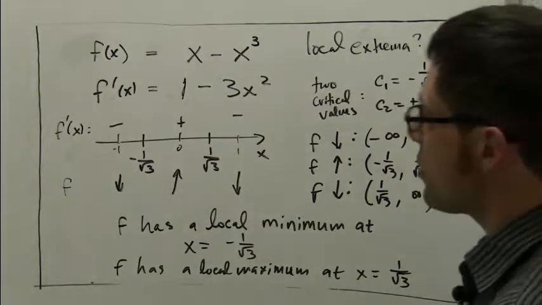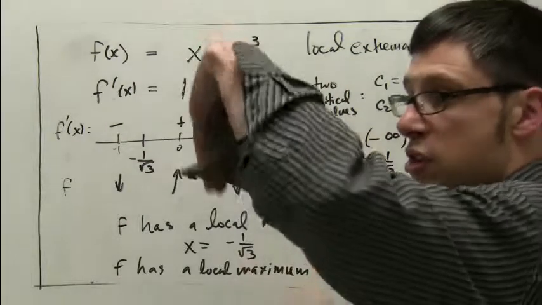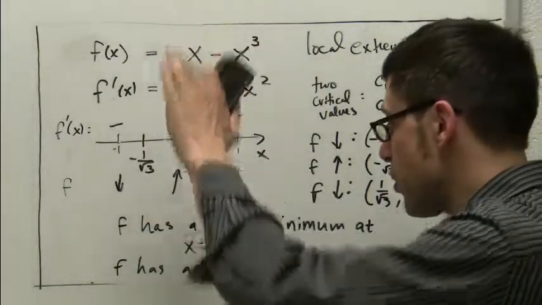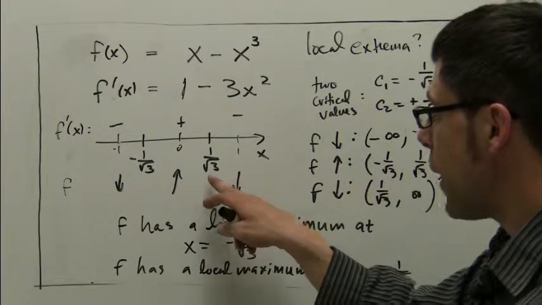And I know that because the function is decreasing before this critical value, increasing after. So if a function is decreasing before, increasing after, it's a minimum. If it's increasing before but decreasing after, it's clearly a maximum.